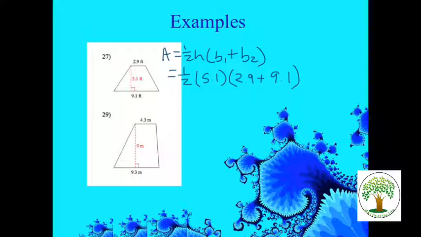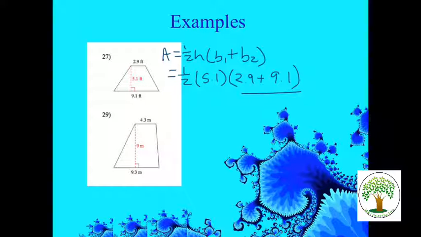Oh, whoops. I have to do this part over here first. I have to do the 2.9 plus 9.1 first. Then I multiply by 5.1, and then I divide by 2 at the end.